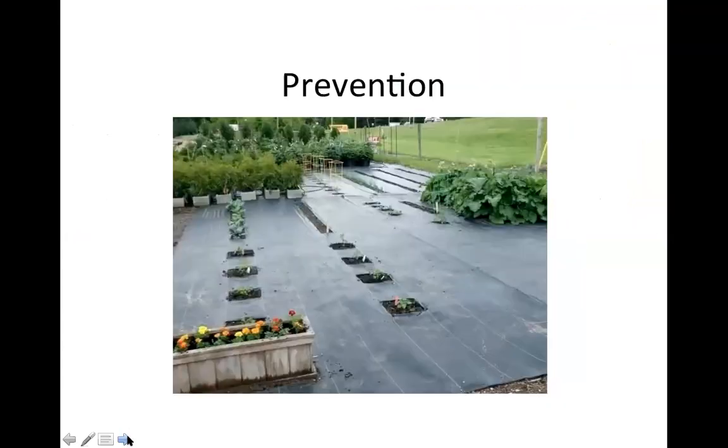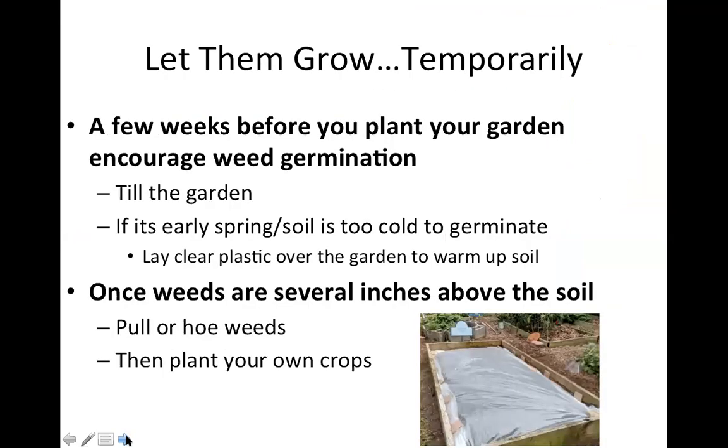And then basically the last section we're going to talk about is just some basic prevention with weeds. Like I said, the biggest thing is just pulling the weeds, being able to identify them and pull them. But there's some tricks, especially if you have a couple weeks where it starts to warm up and you're not ready to plant, some people will till up their garden.